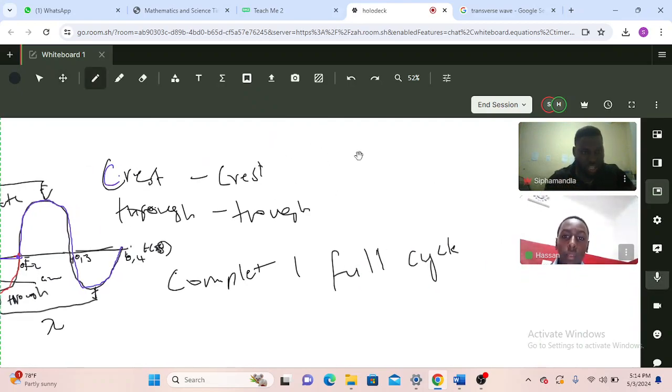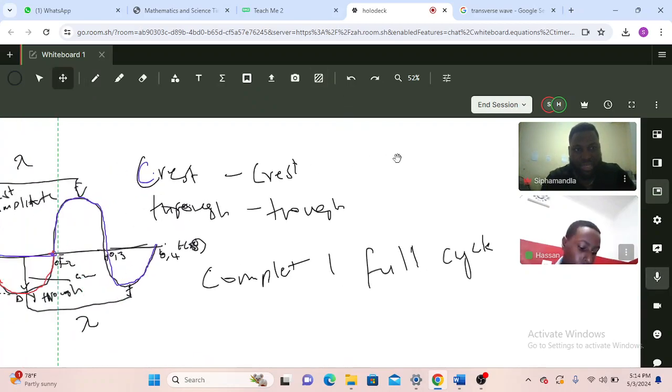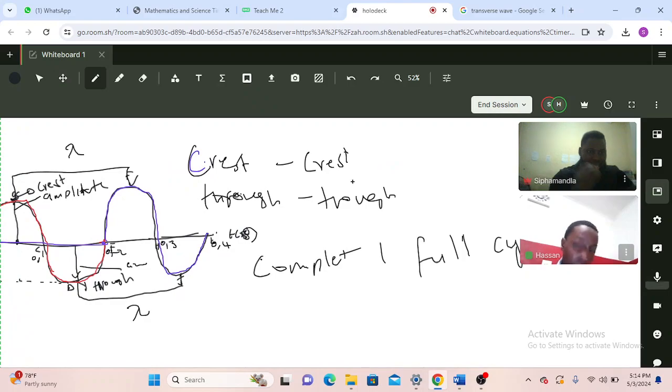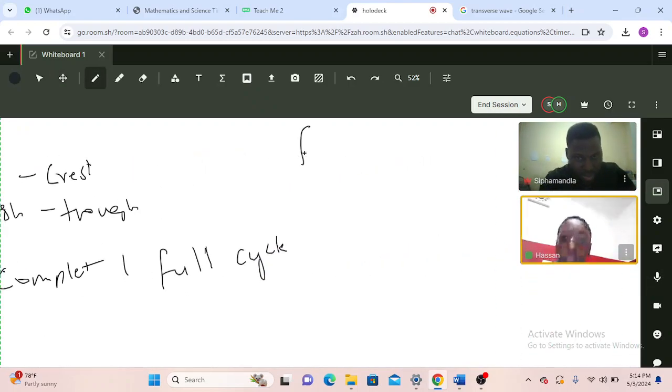Now let's go to the calculation part of the transverse wave. This transverse wave has what we call vibration, and this vibration comes in the form of a frequency. The frequency is F, and it is measured in the unit called hertz. Before I explain the frequency, let me start with the formula. There are two formulas to calculate the frequency.